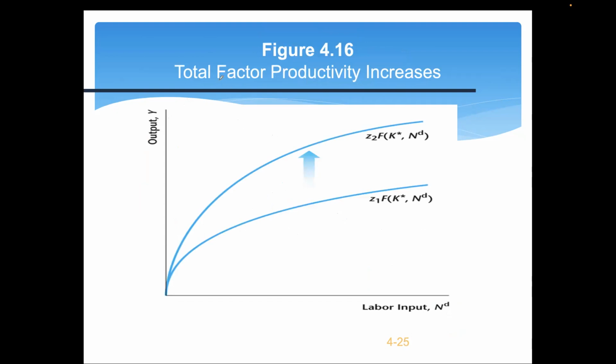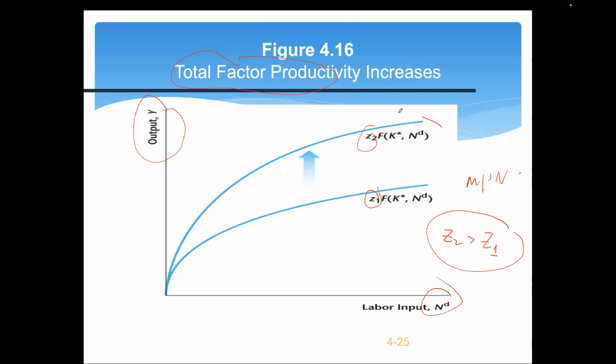Similarly, we can look at how a change in total factor productivity is going to affect the marginal productivity of labor. First, let's look at how that affects the output. If you have a higher Z, Z2 is greater than Z1, this can happen when the economy widely adopts computers, or 100 years ago, when the economy widely adopted electricity. That's going to change how we produce and increase our total output.